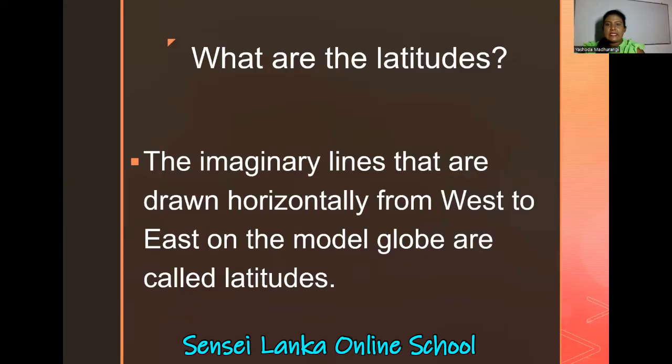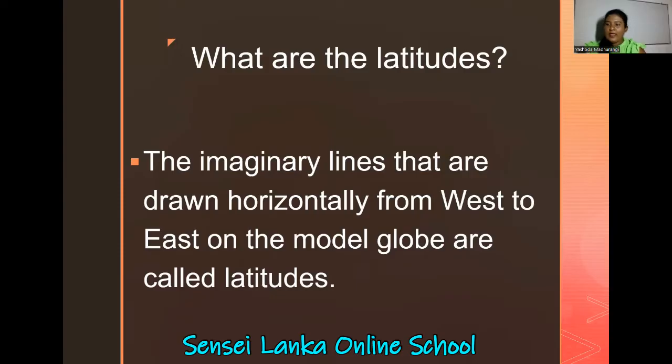Then it will be easy for you to understand the latitudes lesson. First of all, latitudes are a kind of imaginary line. And do you know what a model globe is? Adarsha Prithvi Golaya. In my earlier video, I explained it with pictures. If you are interested, you can go and watch it.